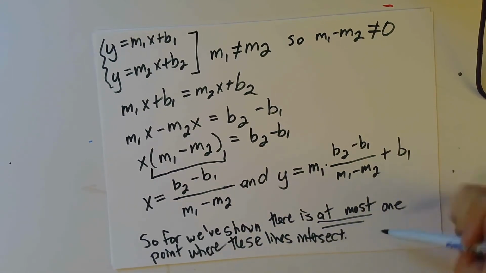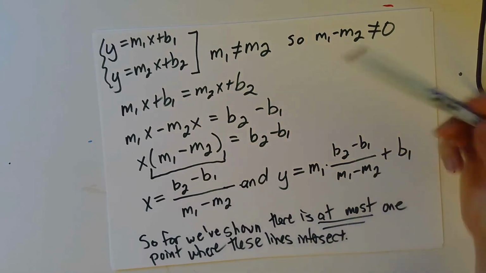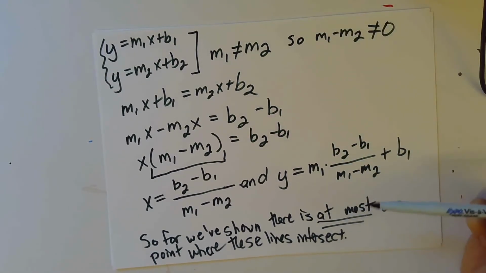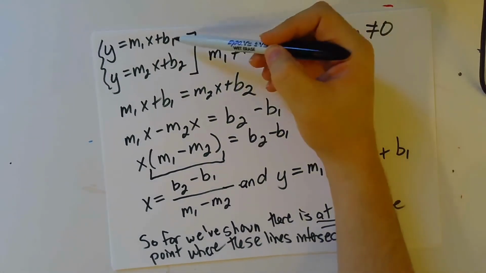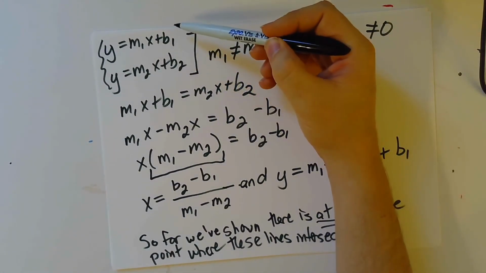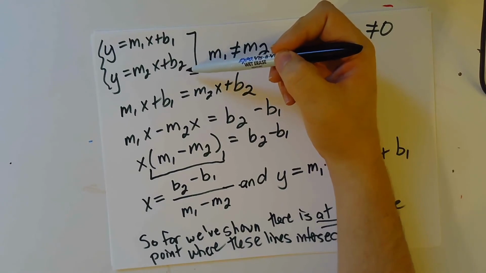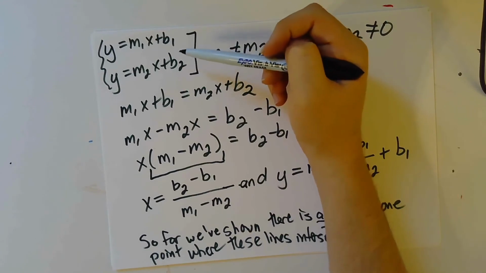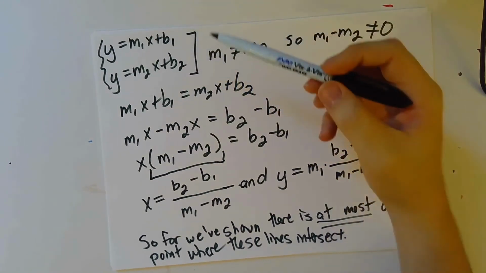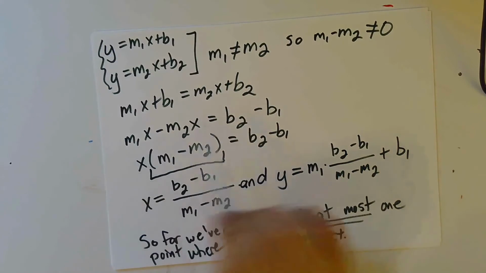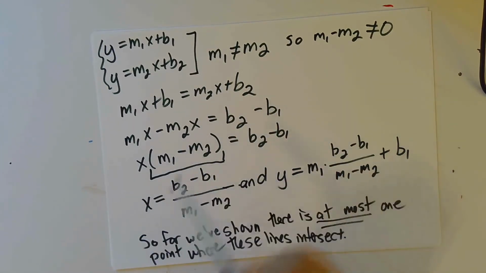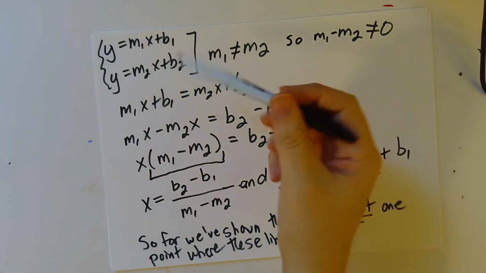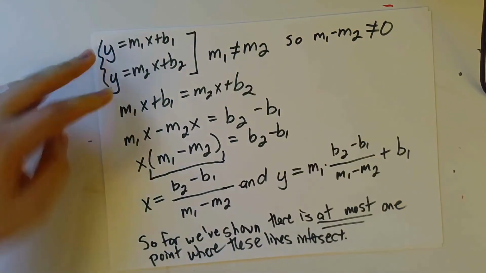And in particular, what was our logic here? If you spell out all the logic of what's happened so far, we've said, okay, suppose both of these things are true, that y is m1x plus b1 and y is m2x plus b2. That is, suppose we have a point that is on both lines. Well, then these two things are equal, and so you can do some algebra, and so then x has to be this thing, y has to be this thing, and so if there's any point at all that's on both of these, it's this point.